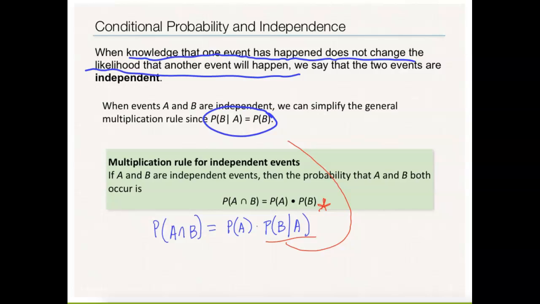Great. Now, prove that to me with numbers. So anytime you're asked to show, you need to show that the conditional probability equals the original probability and that the condition didn't affect the outcome.